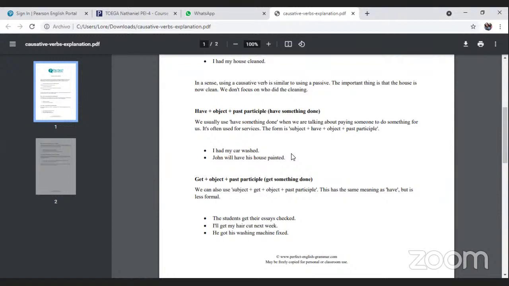For example, with have, it's like you are ordering, you are paying someone to do this action, and after you tell this person, they are going to do the action, right? It's going to happen in some minutes or in one day, or you plan the date, right? But with get, it's stronger that you have this thing done, but it's done, right? It has finished, maybe you can say in some cases.